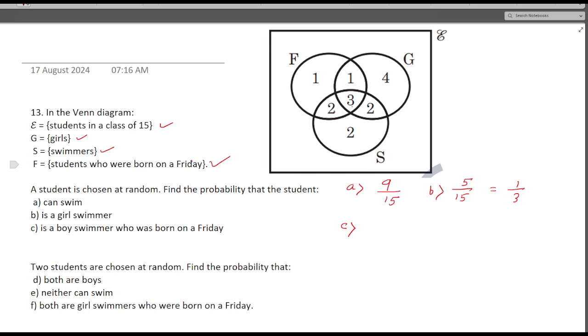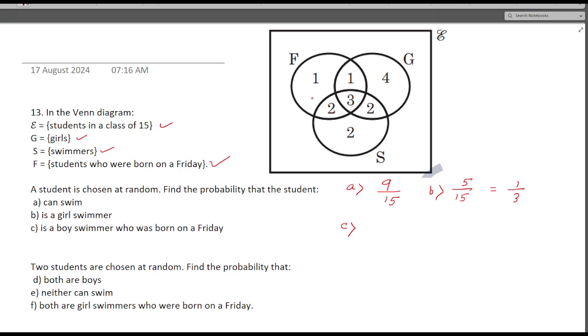Okay. So here, if I remove this girl set, the rest all represent boys, because the set of girls represents all the girls. So the rest all are boys.